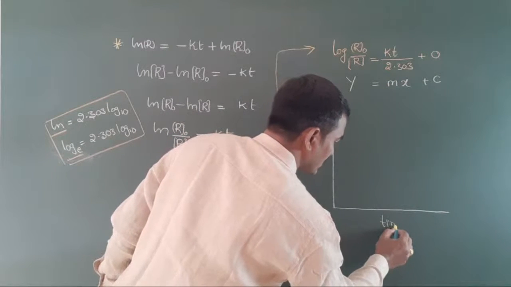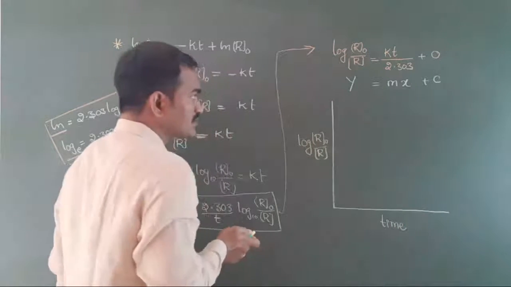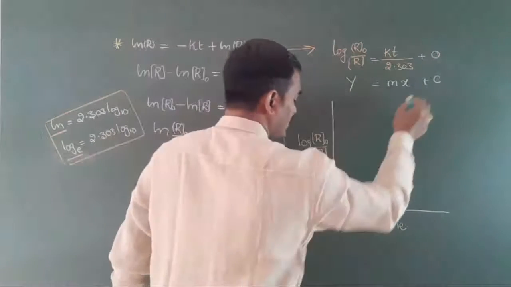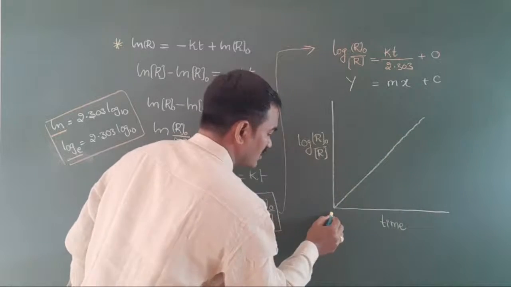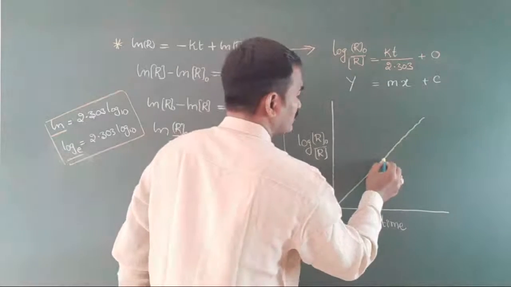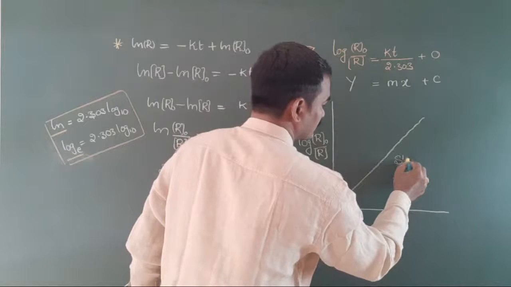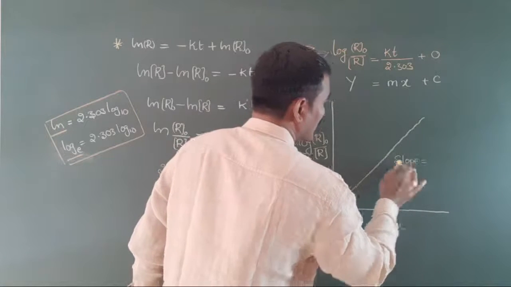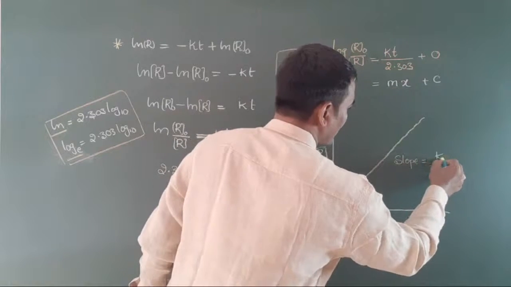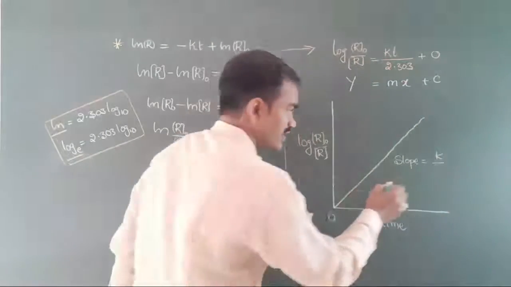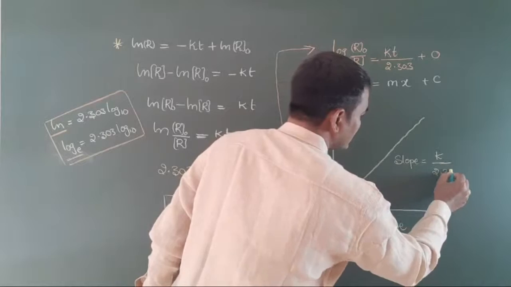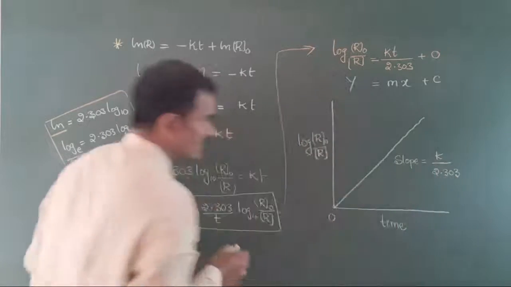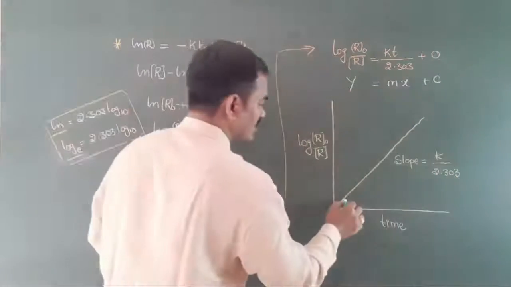The graph starts from 0. What is the slope for this? The slope is k by 2.303. Is it clear?